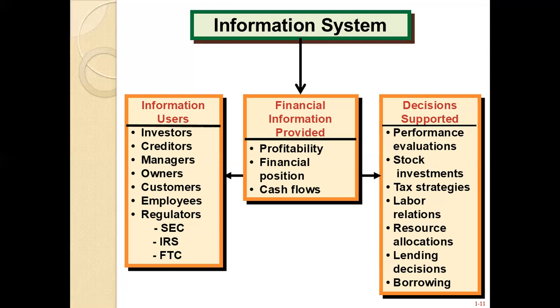These are some decisions that are all related to financial information. If you have financial information, then the decision maker can take decisions related to borrowing, lending, labor relations, tax strategy, and overall performance evaluation.